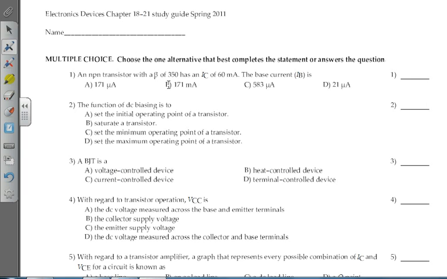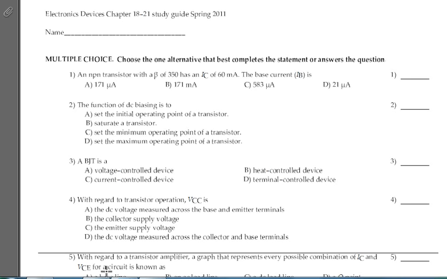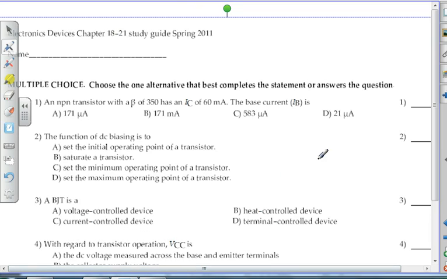So that would be B. Okay, so we'll go in and we'll grab this. All right, so we'll go with B.